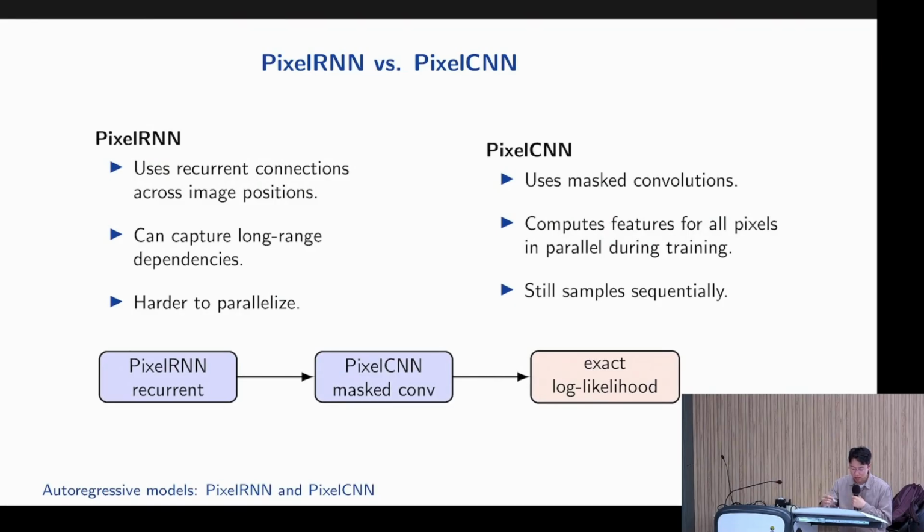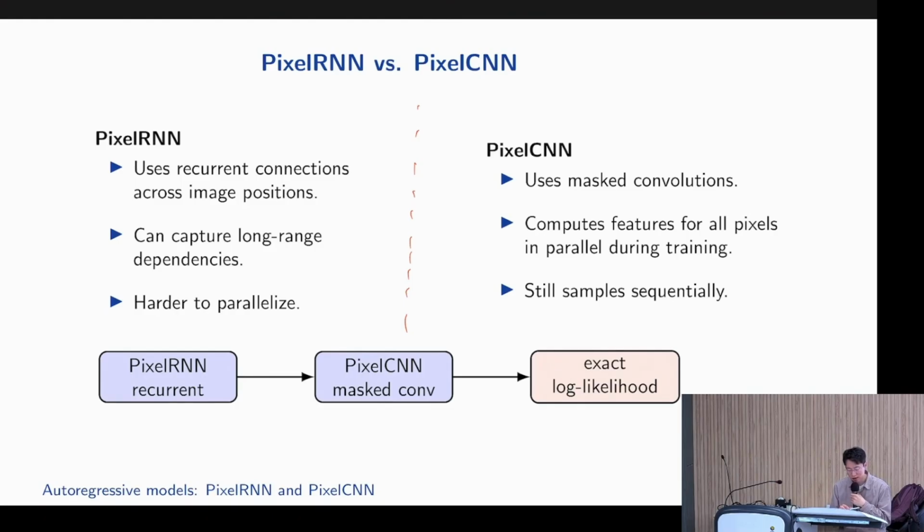So one alternative is called PixelCNN. Here, there are two different ways to implement this, PixelRNN versus PixelCNN. PixelRNN uses an RNN as a backbone model and uses recurrent connections across image positions.